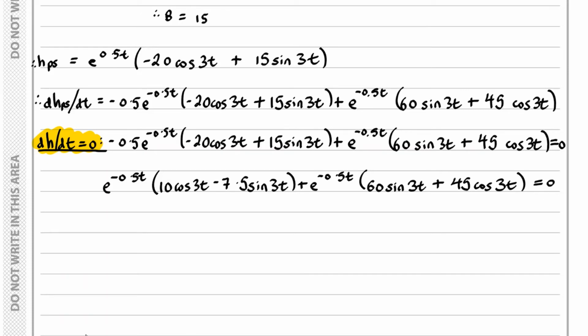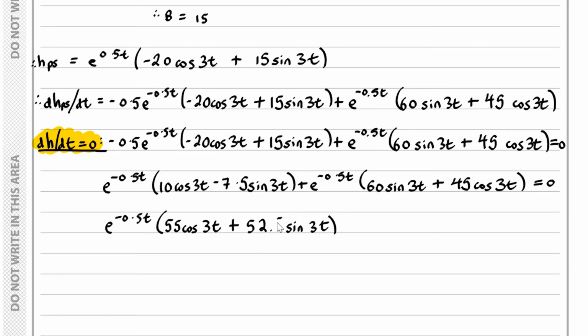And if we collect like terms, we can factorize out from both brackets e to the minus 0.5t, and then inside the bracket we have 10 cos 3t plus 45 cos 3t, so that's 55 cos 3t, and then 60 sine 3t minus 7.5 sine 3t, that would be 52.5 sine 3t.